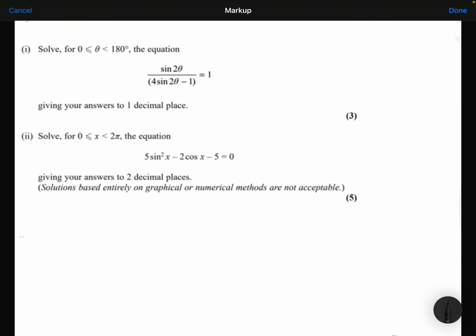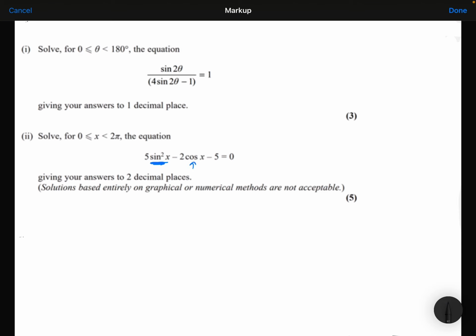Part II. Solve between 0 and 2 pi the equation 5 sine squared x minus 2 cos x minus 5 is equal to 0. Right, so I am going to change the squared function so that it matches the linear function.